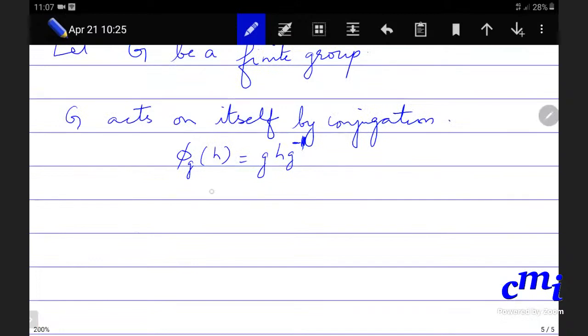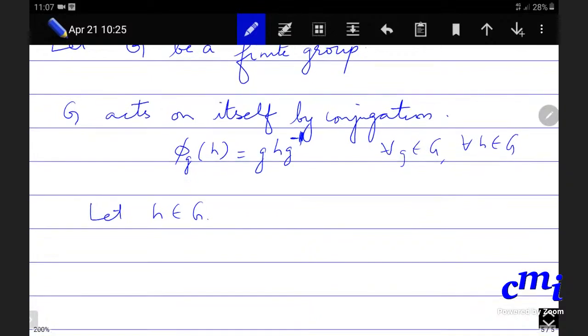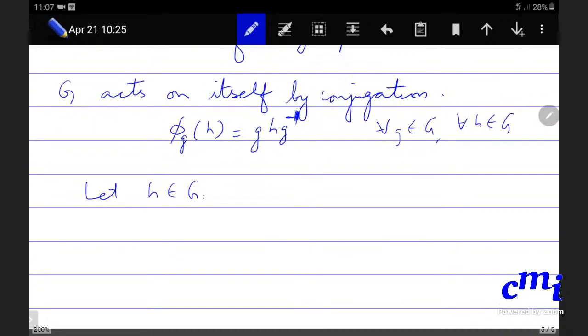So when would an h have a singleton orbit? Let h be inside G, for all g inside G and for all h inside G. The set as well as the group element, the set is the same as the group.